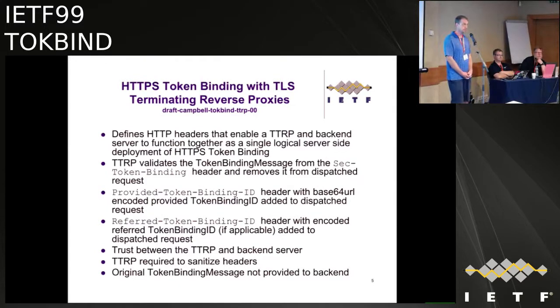Just this formulation makes me a little bit worried: the TTRP is required to sanitize headers. So does it mean that there is no way for the application to know securely that the information comes from the TTRP and not something forwarded that originated from the client?